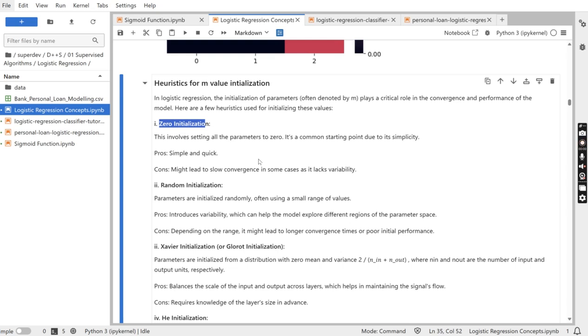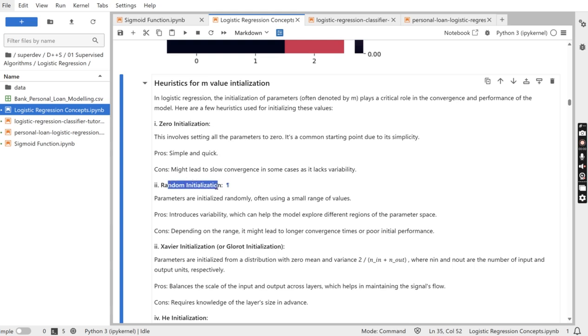This is why I was saying sometimes they increase, sometimes they decrease. If they start with zero initialization, they'll slowly start increasing the m value until the losses or the residuals or the errors between predicted value and the original value are minimum.